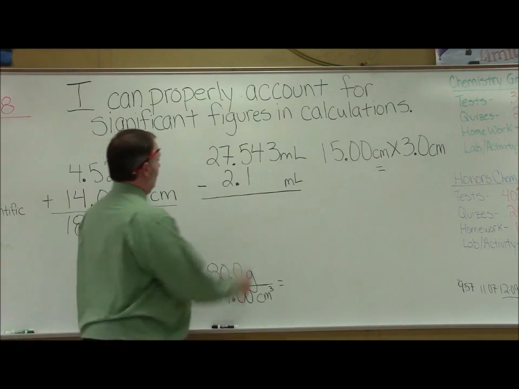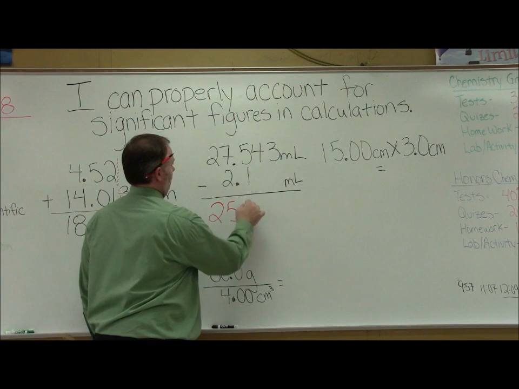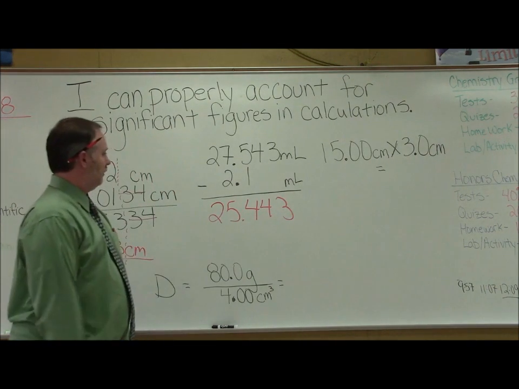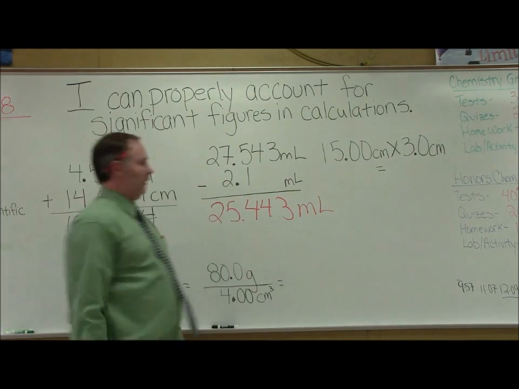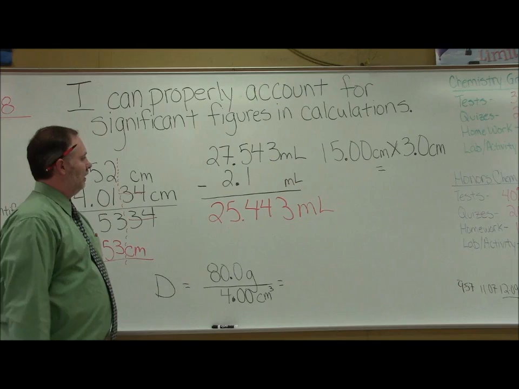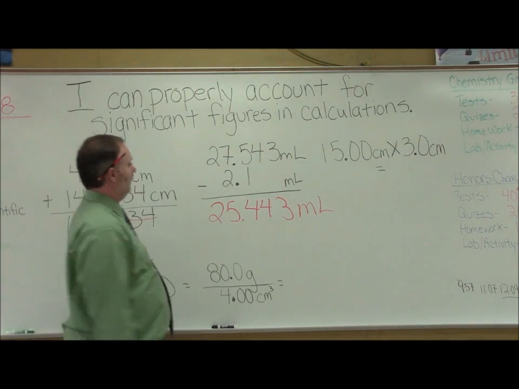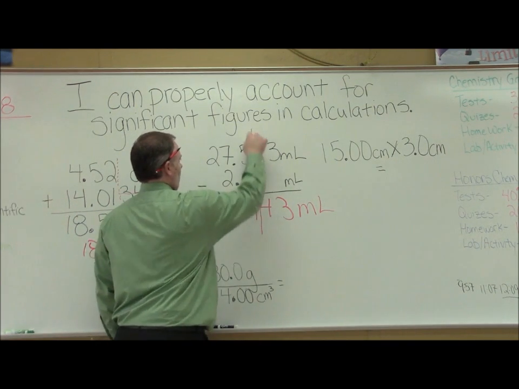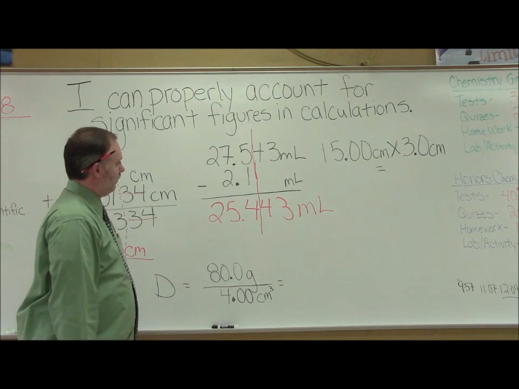If you subtract these 2 numbers, you come out with 25.443 milliliters. I cannot keep all those decimal places, all those significant figures, because right here, that's the number with the fewest decimal places to the right.